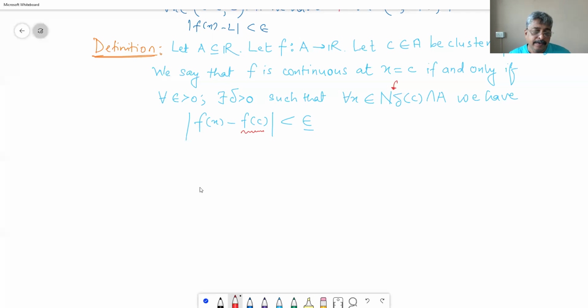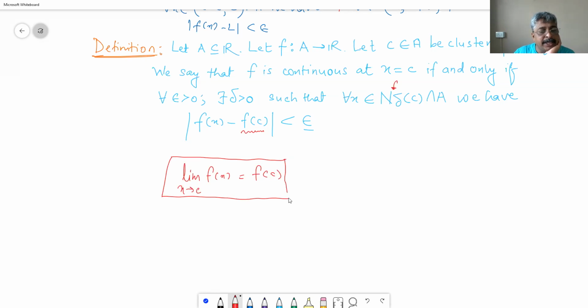Limit x tends to C, f of x is equal to f of C. If this happens, then is the LHS taking care of left hand limit, right hand limit? Yes. And is RHS taking care of value of the function at C? Yes. Therefore, if you just cross check the limit as x tends to C, and if it is equal to the value of the function at C, then maybe this is the condition which we often use to check continuity of the function.